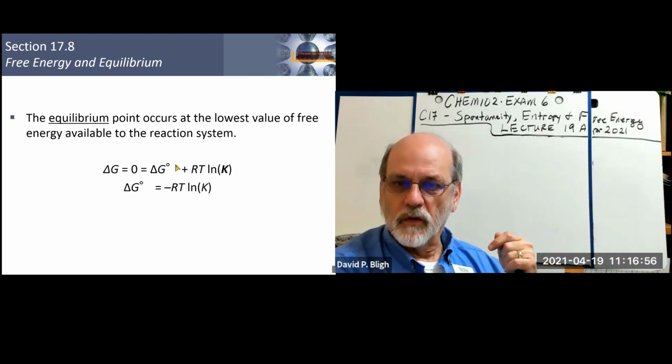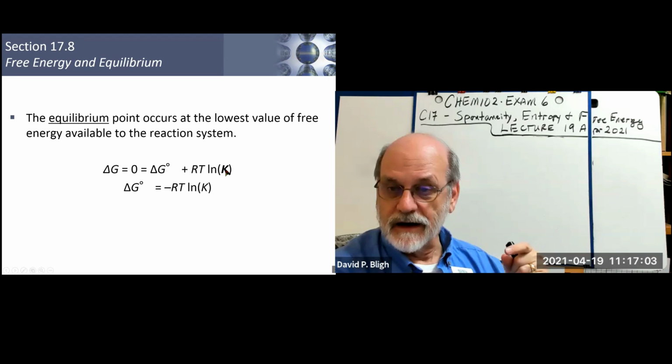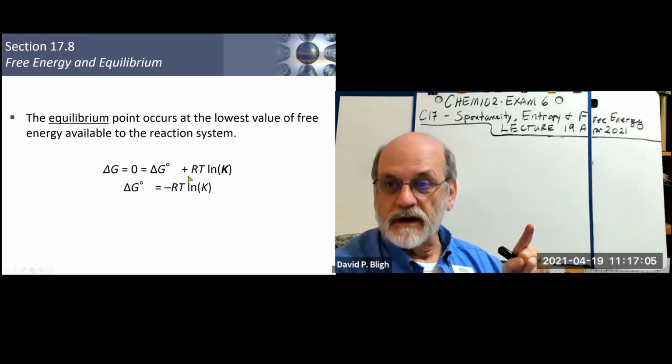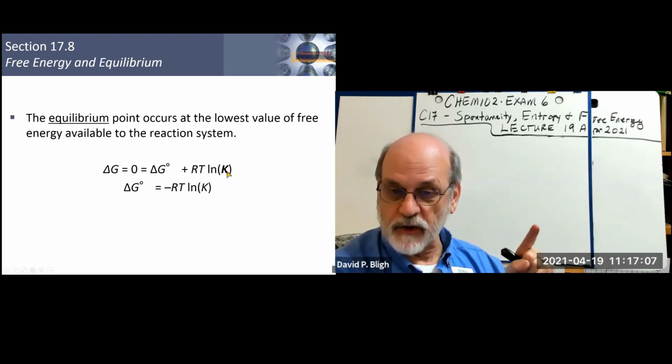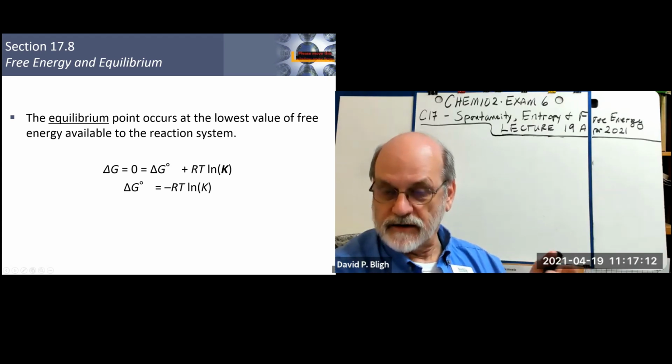So what's the correction factor? The correction factor includes K, not Q. Why? Because K is an expression of equilibrium. Q is not.